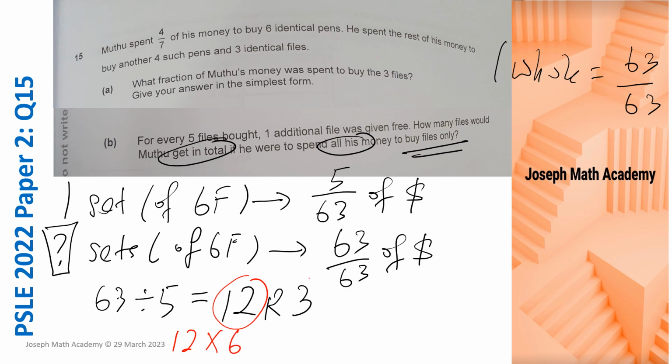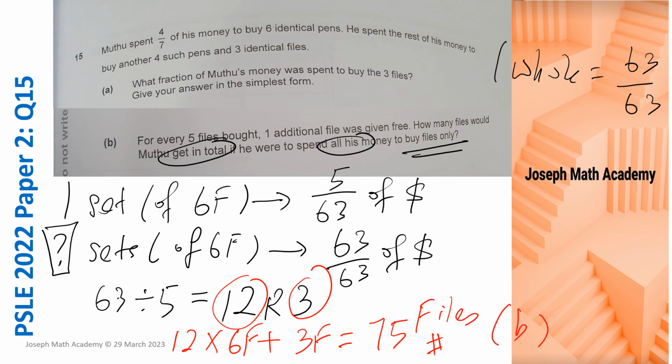And this 3 is the remaining 3 files. So in total, with his original sum of money, 1 whole, Muthu should be able to buy 12 times 6 plus 3. That is 75 files. So part B is done.